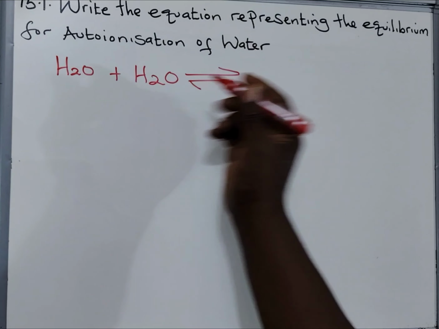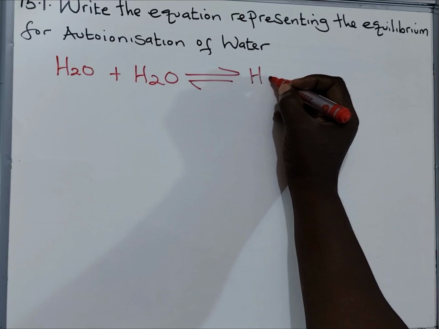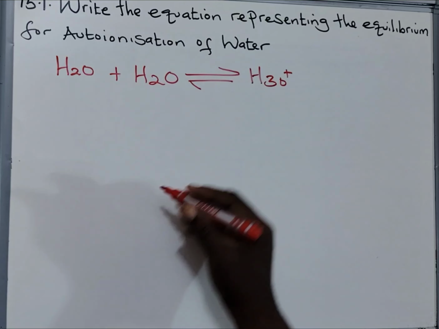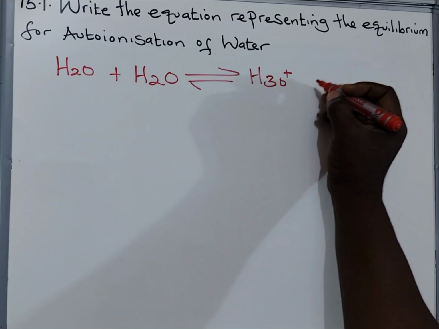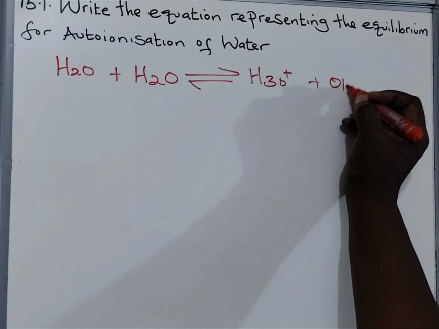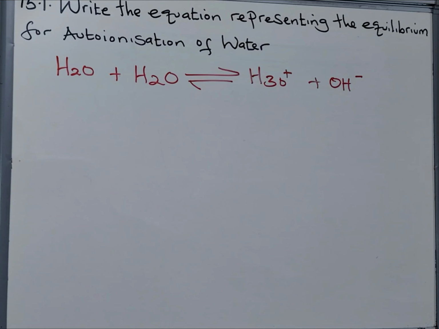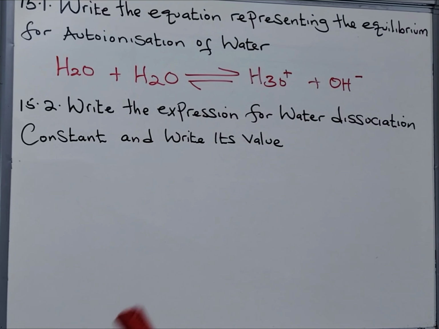So when this one receives a proton, what you get is hydronium ion. And when this one loses a proton, what remains behind is hydroxide ion. And that is the equilibrium.